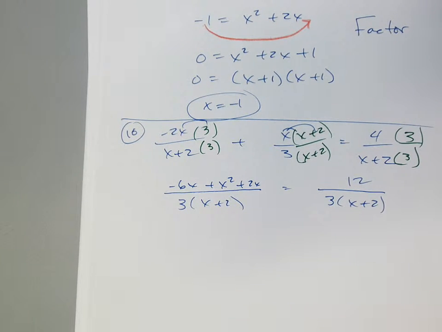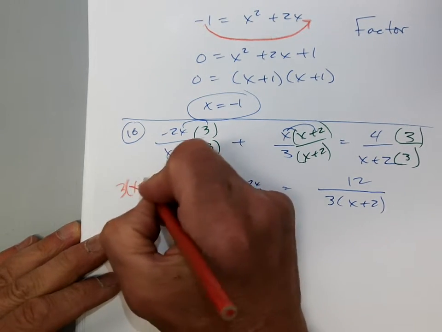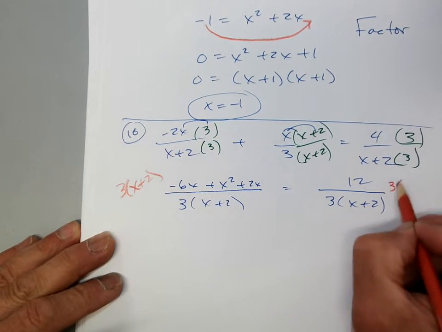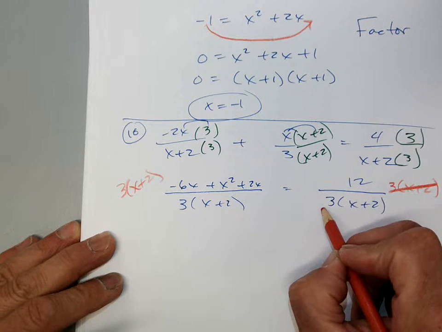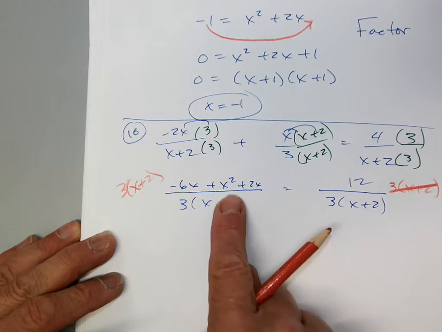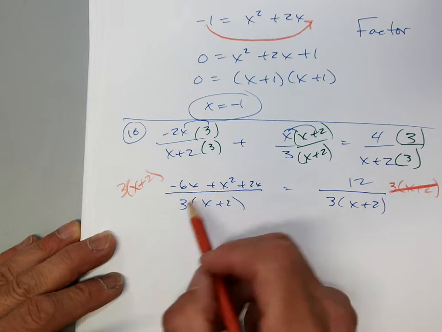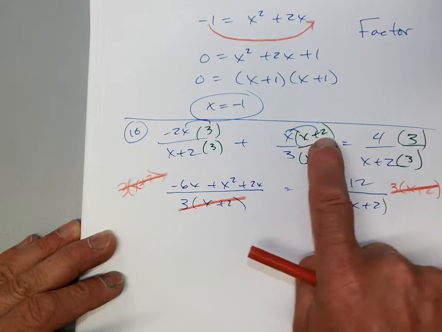Now, I can just get rid of the denominators. You guys agree? I can multiply both sides by 3 times x plus 2. Oh, I think it's just an x squared plus 2x here, isn't it?